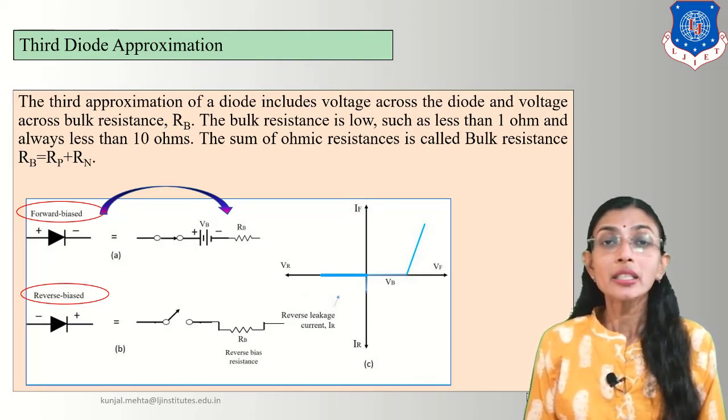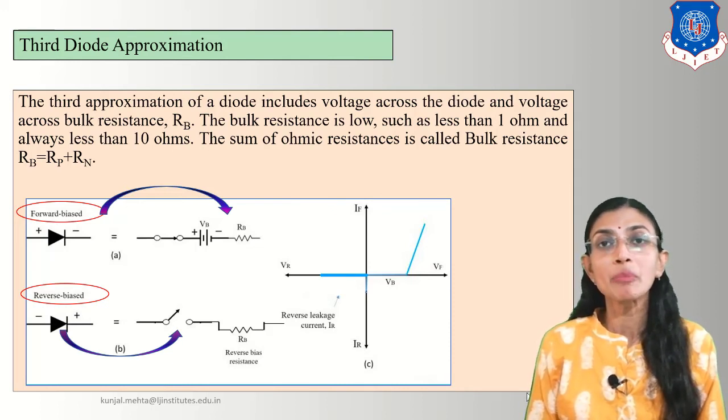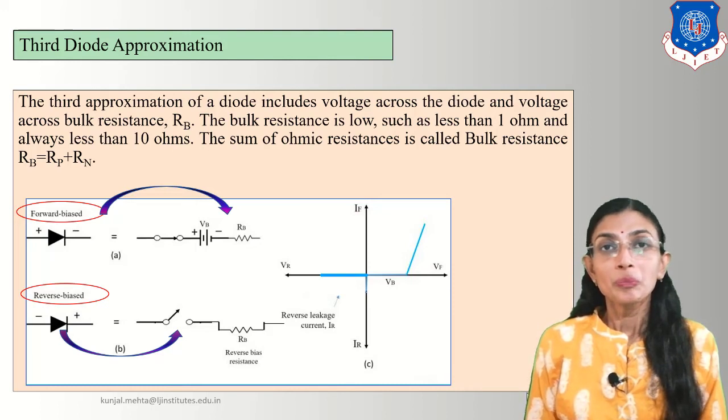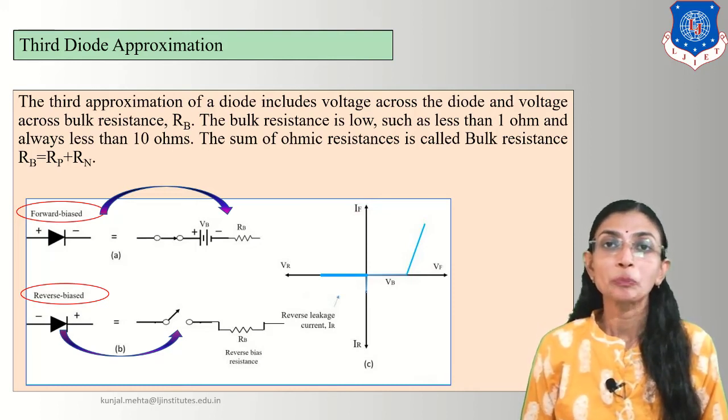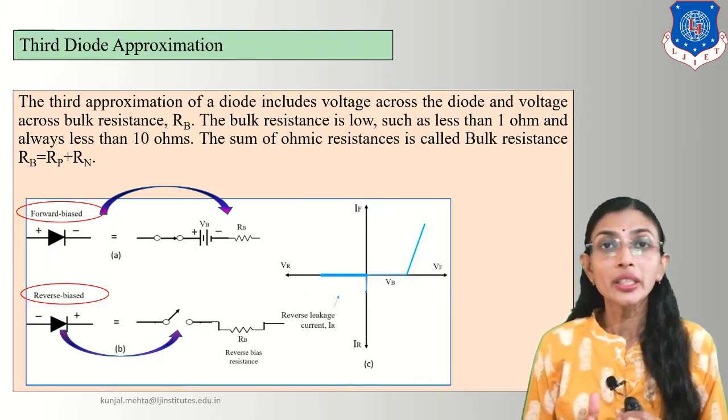But dear students, we will consider here the battery as well as bulk resistance. That means VB and RB both. The diode turns on after its barrier potential. For silicon it will be 0.7, and according to the bulk resistance we will get the VI characteristic.